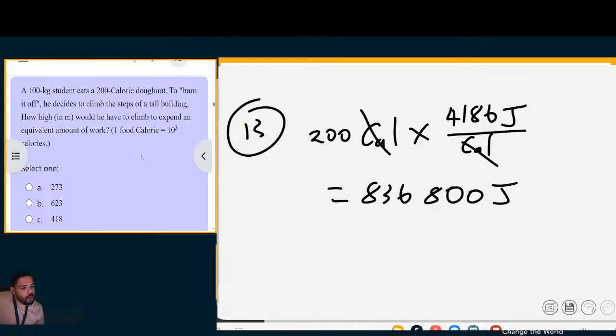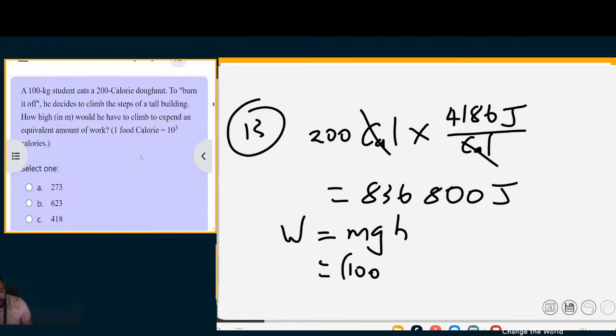Now if he decides to climb the steps of a tall building, how high would he have to climb? So you will do the work formula. Work is equal to mass times gravitational acceleration times height. So the mass is 100 kilograms, g is 9.8. The height is what we want, and the work that we need to do is 836,800 joules.